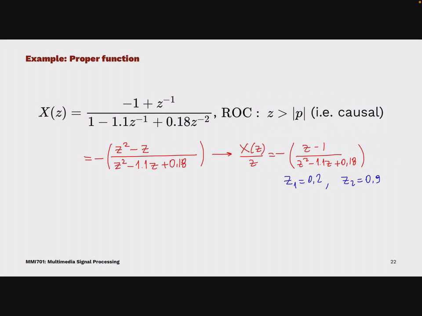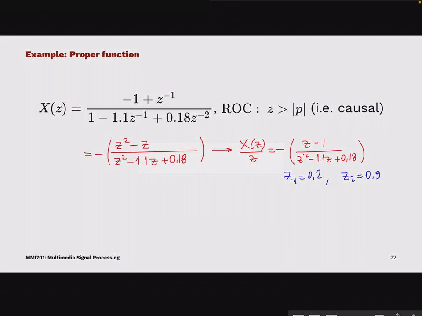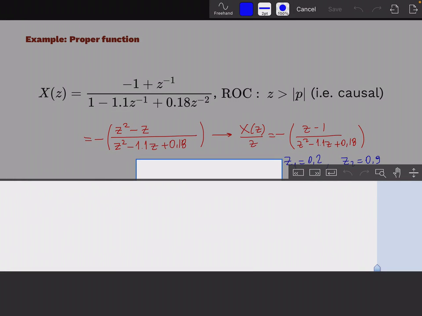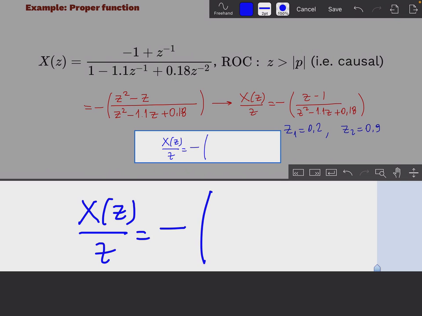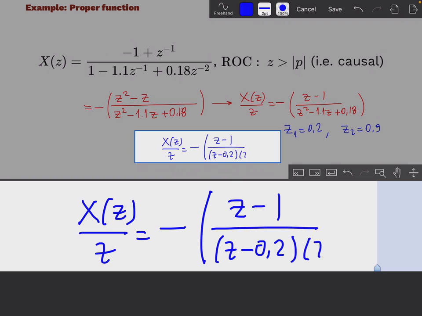Okay, so this gives us the general form of the Z transform. So let's write it down. X(z) over z is equal to (-z + 1) over (z minus 0.2) times (z minus 0.9).